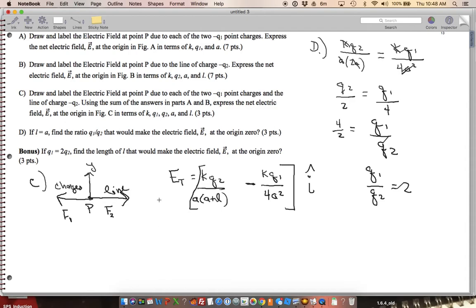And the bonus. For the bonus, we do the same thing, right? We find l such that, now that we're given Q's, Q1 is equal to 2Q2, and then we solve for l. So let's do the bonus.